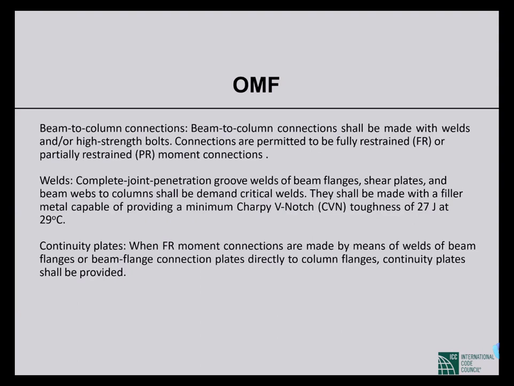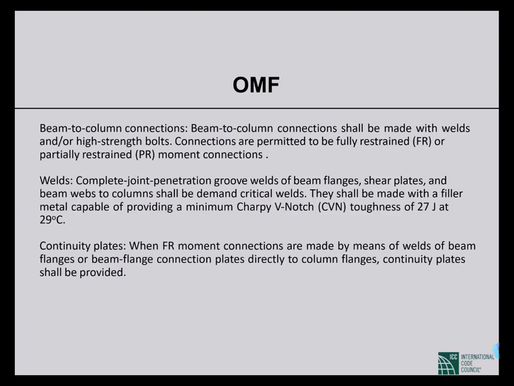Complete joint penetration groove welds of beam flanges, shear plates, and beam webs to columns shall be demand critical welds. Now, demand critical welds shall be made with a filler metal capable of providing a minimum Charpy V-notch toughness of 27 joule at 29 degrees centigrade.